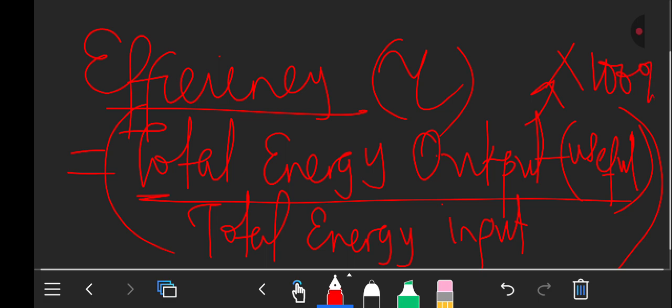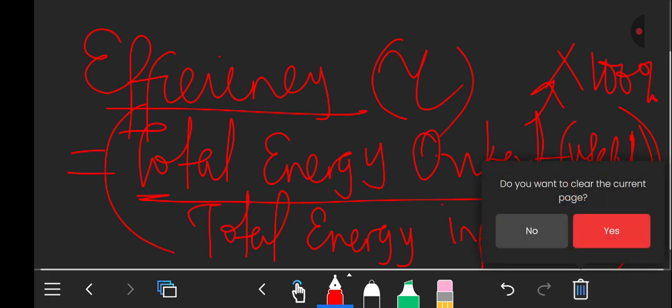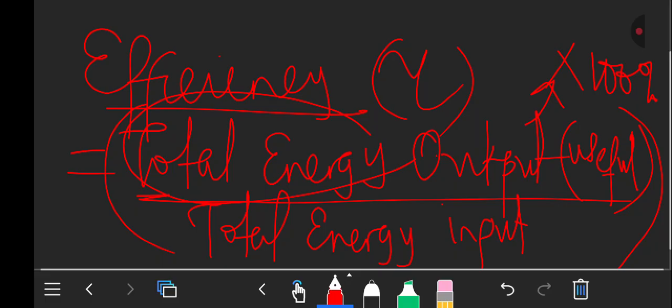So that is how you can calculate efficiency in a situation whereby you have the total energy input and also the energy output.